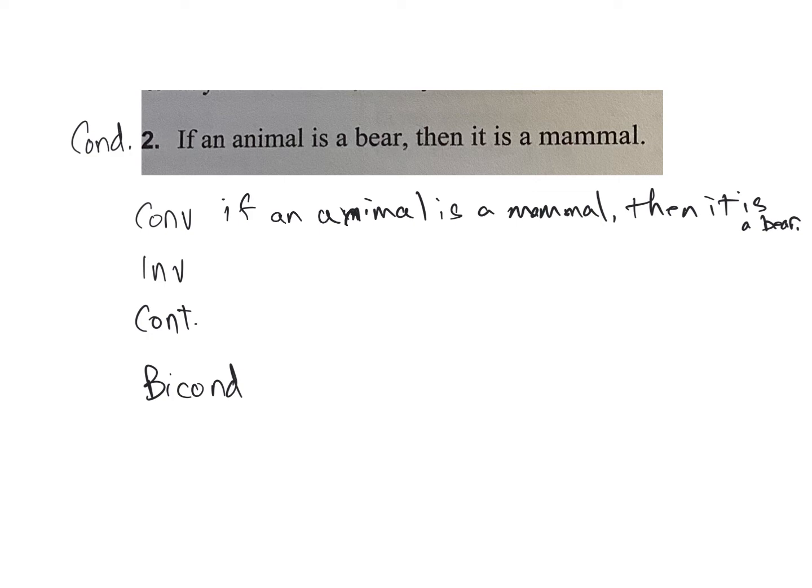Now, the inverse and the contrapositive are the negation of the first two. So you would say, if an animal is not a bear, then it is not a mammal.